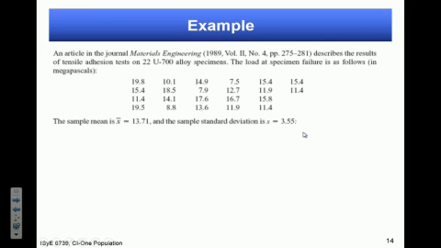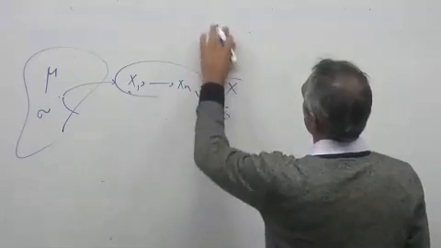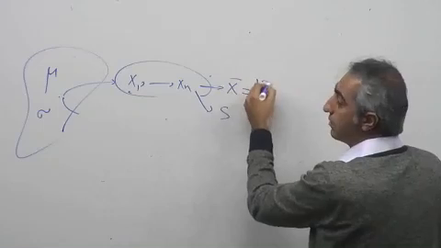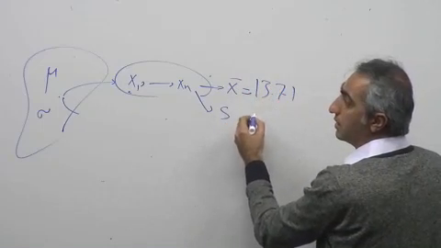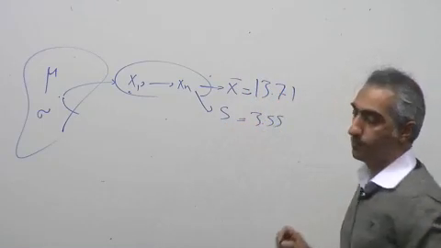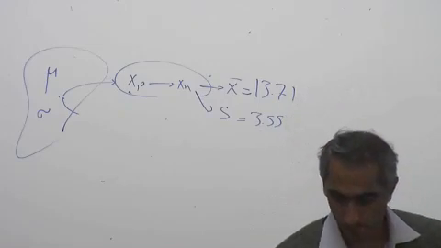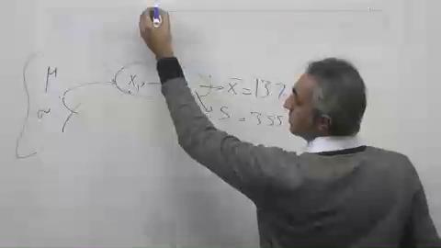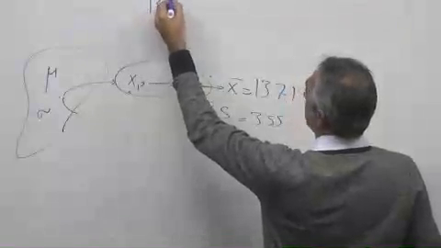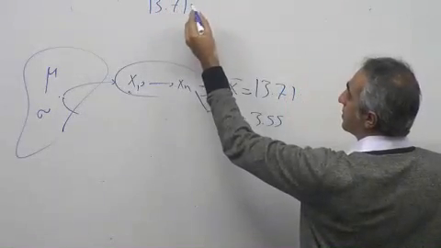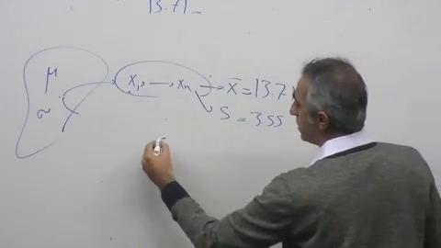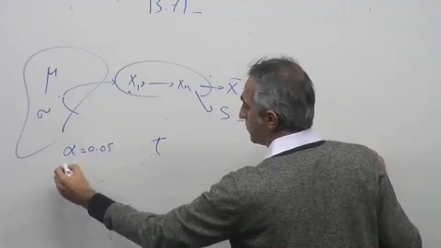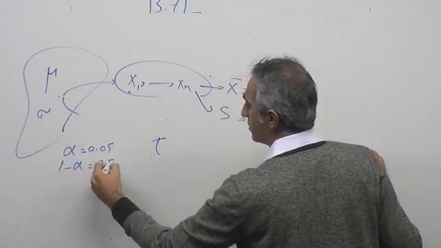We can easily use the equation that we had before. Let me just write down X bar 13.71 and S 3.55. Just plug it in. So it's going to be 13.71 minus T. Alpha we assumed is 0.05 because 1 minus alpha is 95%.